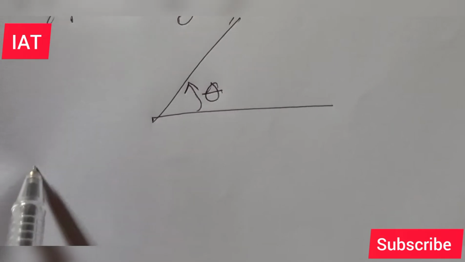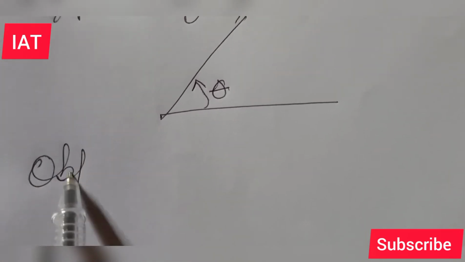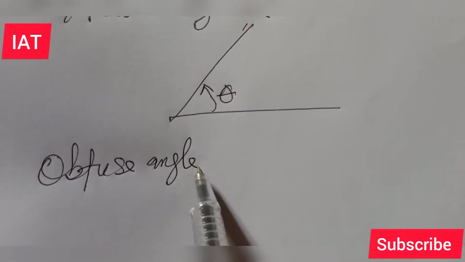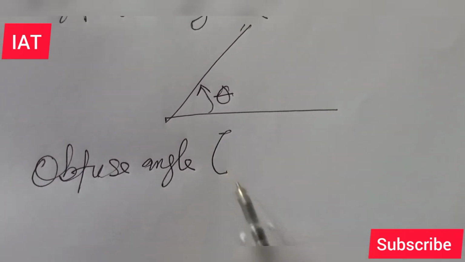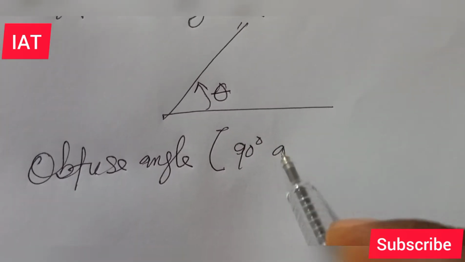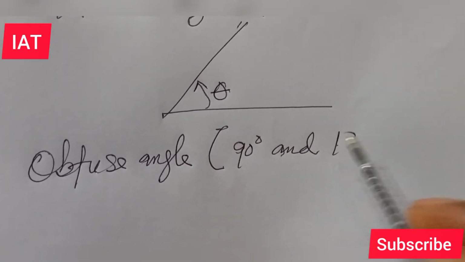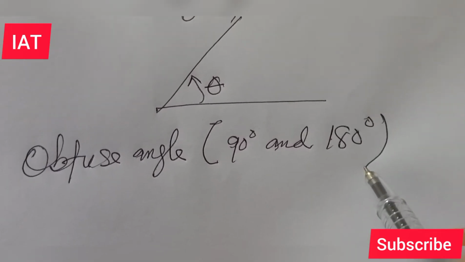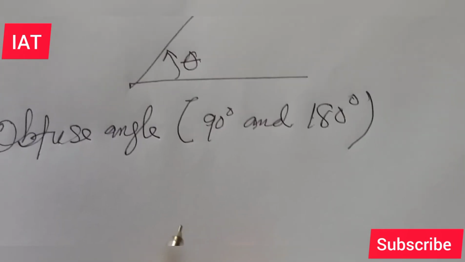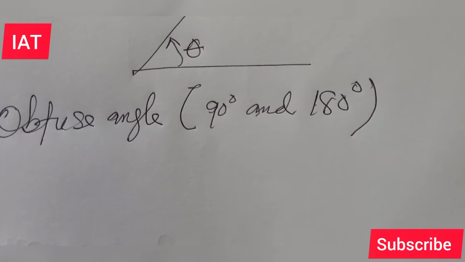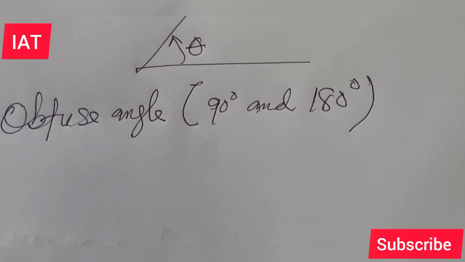We have another one called the obtuse angle. This angle lies between 90 degrees and 180 degrees. Some persons may say an angle that is greater than 90 degrees and less than 180 degrees, but it's the same thing.